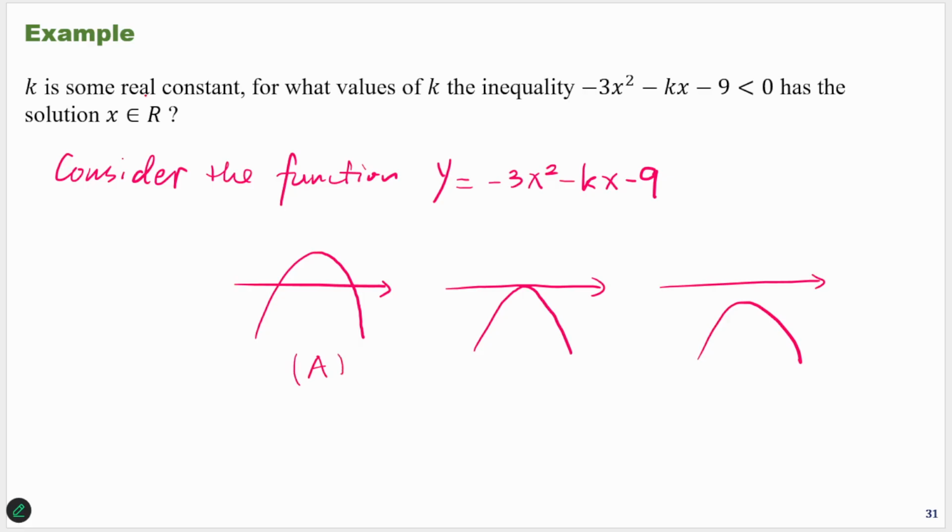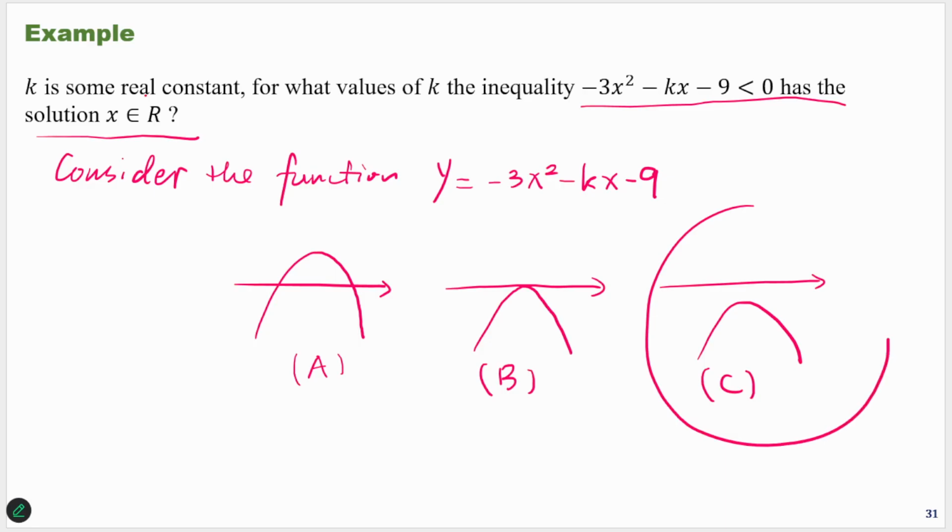So which one do you think is correct, such that the function, no matter what x is, as long as x is a real number, is always less than 0? C. So it must have a graph shown in C. Only in this case, no matter what x is, the whole function is less than 0, right?